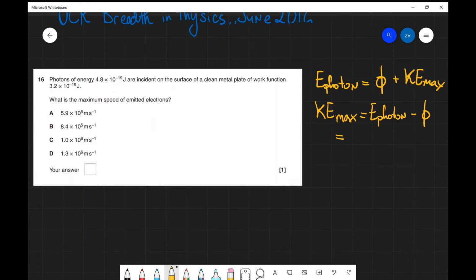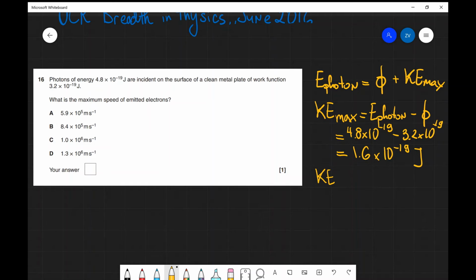So the energy of the photon is 4.8 times 10 to the power of minus 19 joules minus 3.2 times 10 to the power of minus 19 joules, and if we take those away, we're going to get 1.6 times 10 to the power of minus 19 joules of kinetic energy. So this is our maximum kinetic energy.